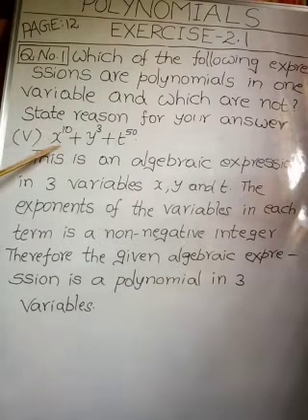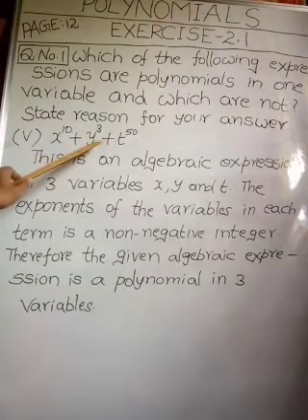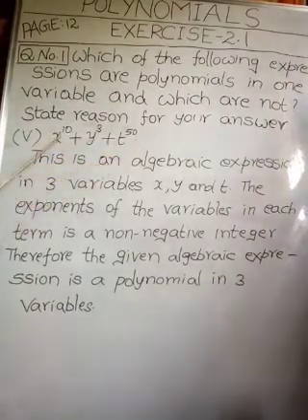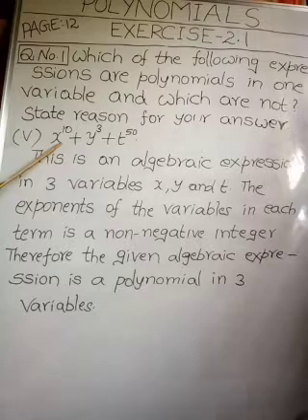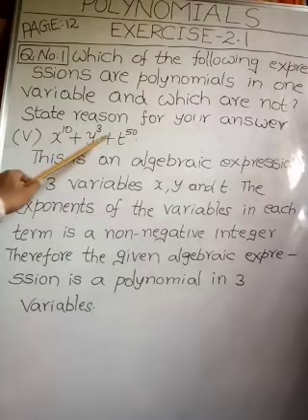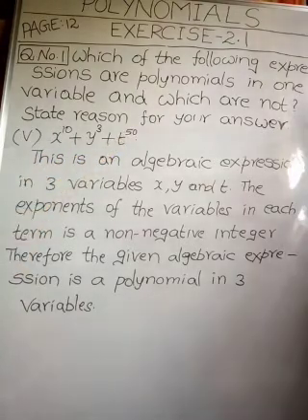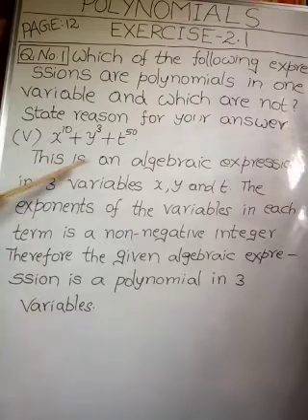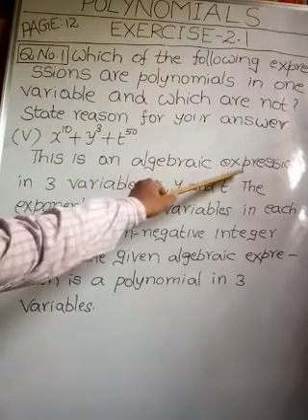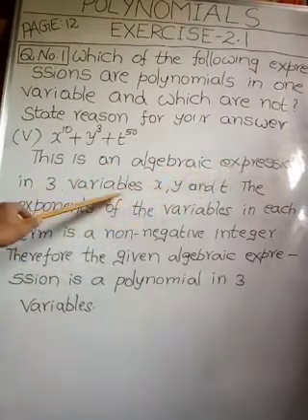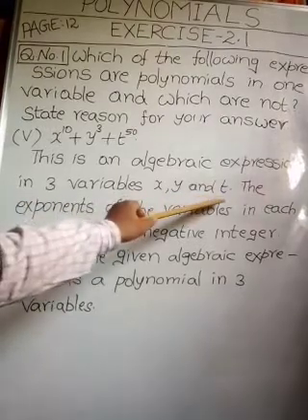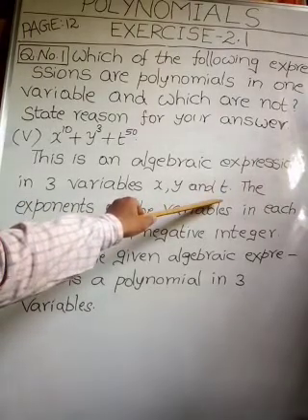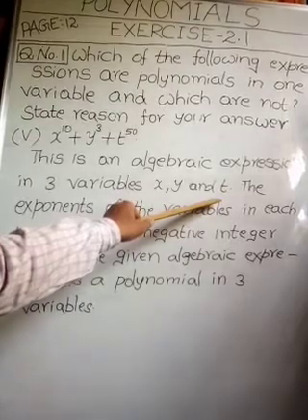If you observe, in the given algebraic expression there are three variables. X is one variable, y is one variable, and t is also a variable. So this is an algebraic expression in three variables x, y, and t. Understood this step, my dear children?